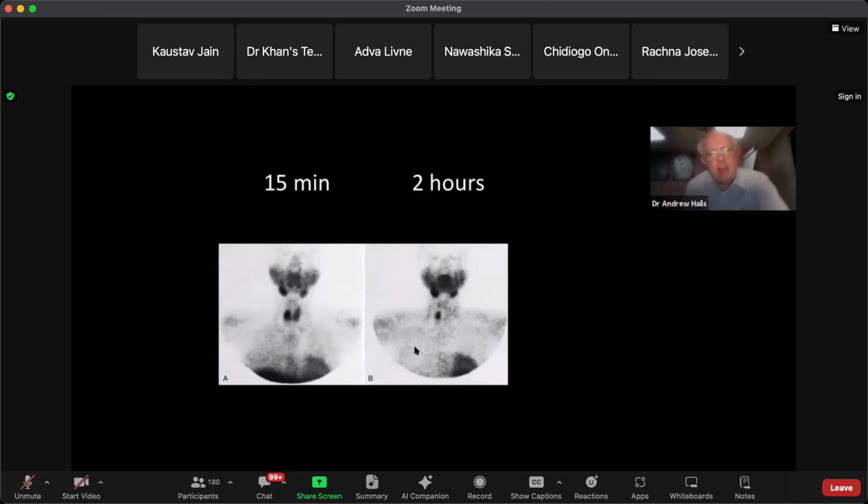The theory, anyway, is that the Sestamibi gets washed out of the thyroid but remains in the parathyroid. It doesn't always work, and it's not quite as good as the subtraction scan, but it's what's needed if the patient has been on antithyroid medications or thyroxine. So it's a washout scan, again, for parathyroid adenoma.